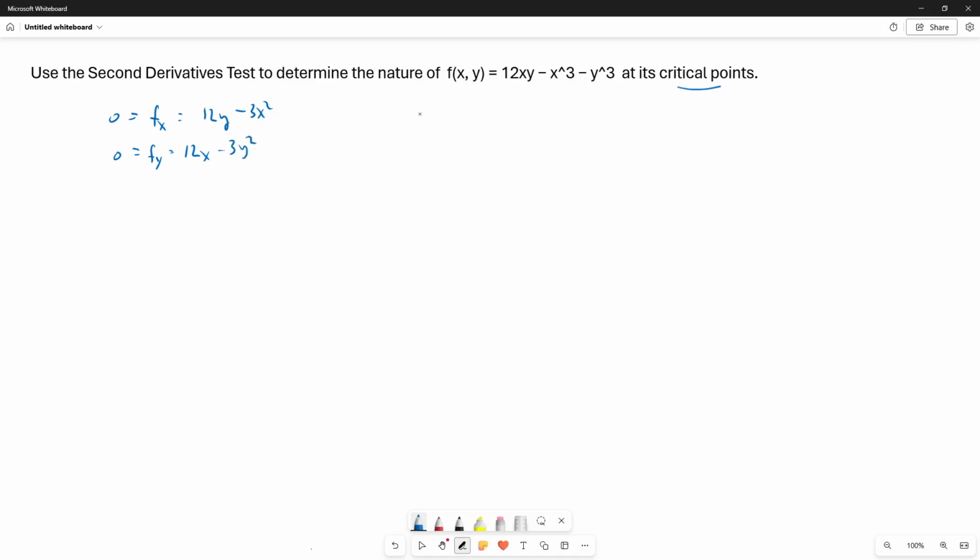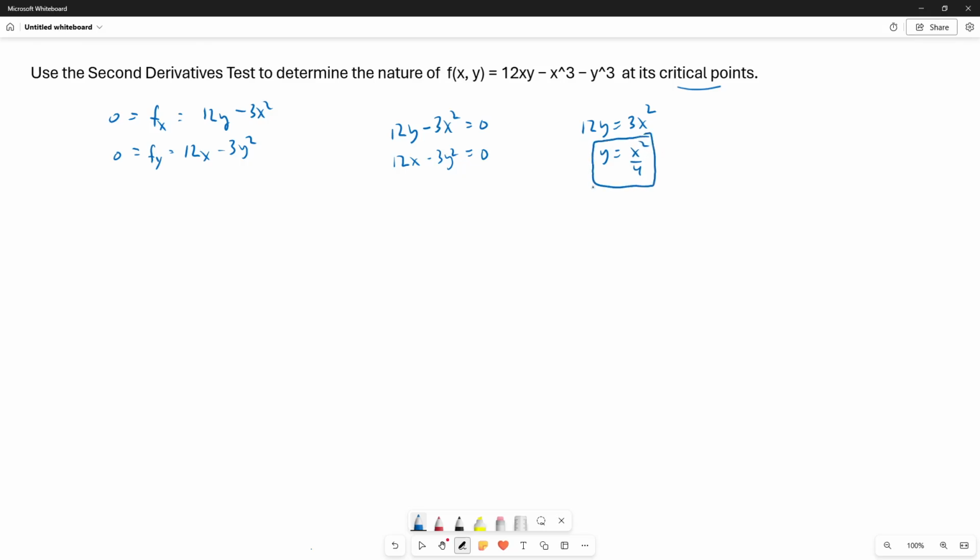So we have the system 12y minus 3x squared equals 0, and 12x minus 3y squared equals 0. Let's take the first equation and solve it for y, and then substitute that into the second equation. So 12y is equal to 3x squared; divide by 12, y is equal to x squared over 4.